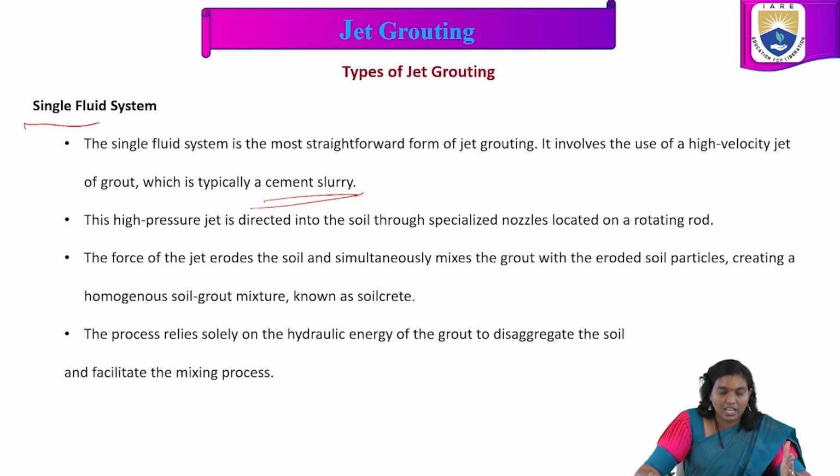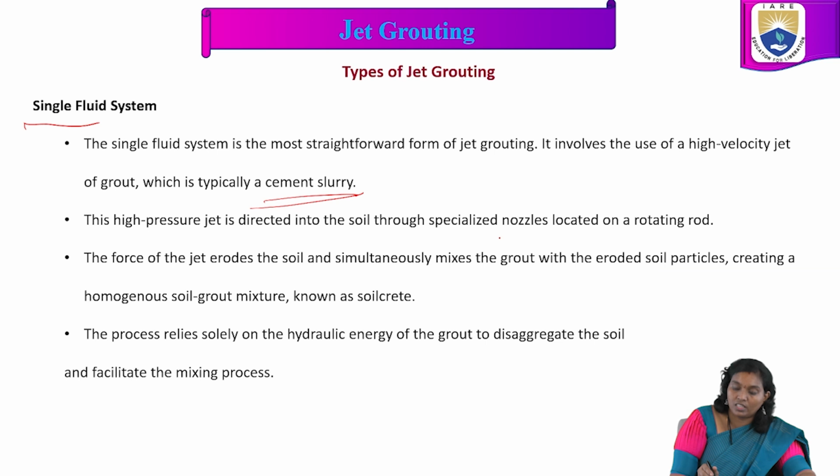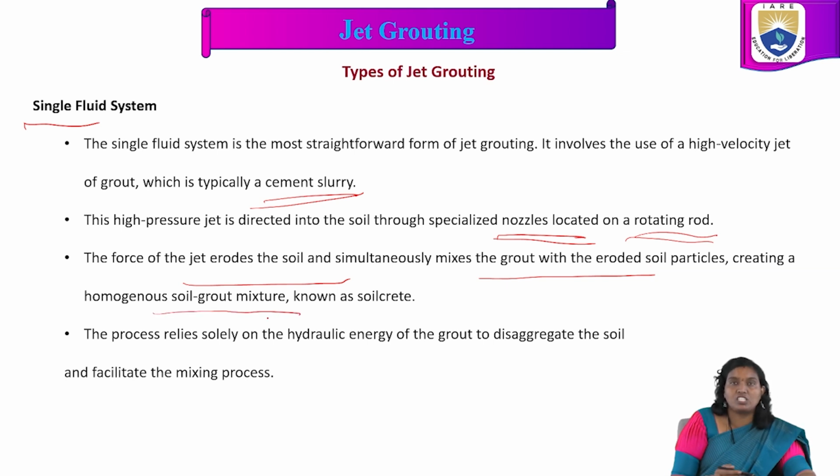So, the jet is injected through the soil using specialized nozzles located on the rotating rod, and the force of the jet erodes the soil and simultaneously mixes the grout with the eroded soil particles, creating a homogeneous soil grout mixture. It is known as soilcrete.